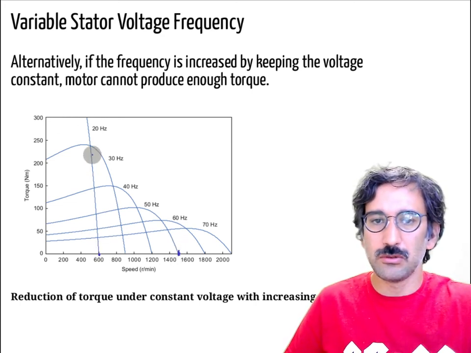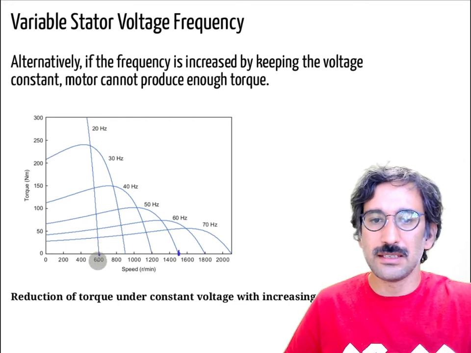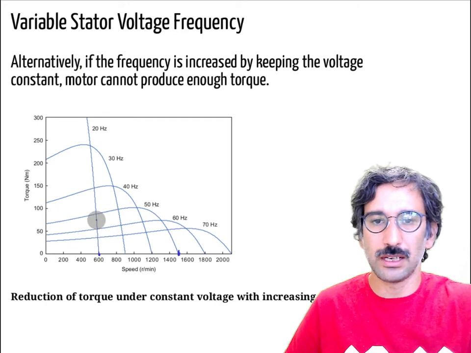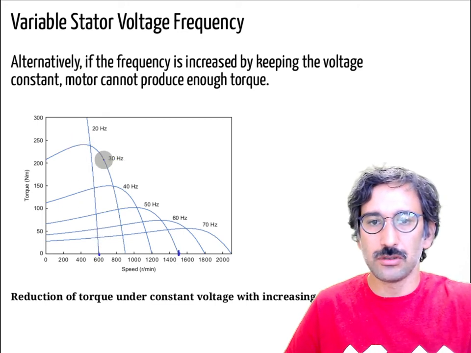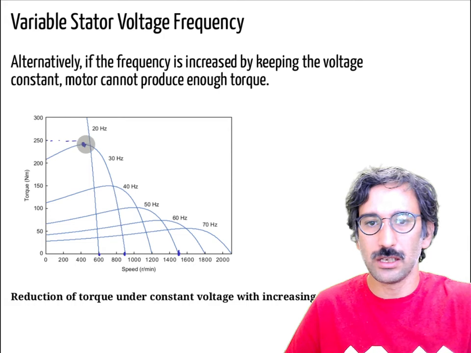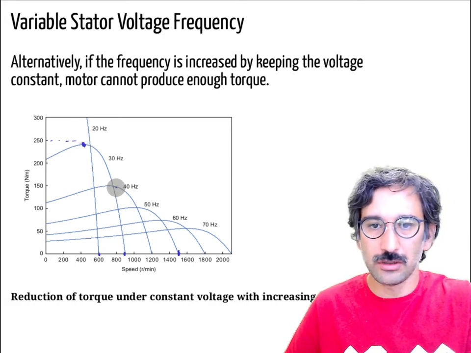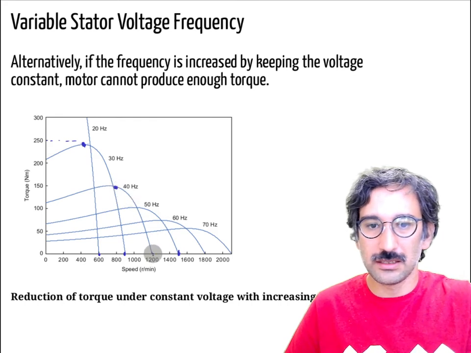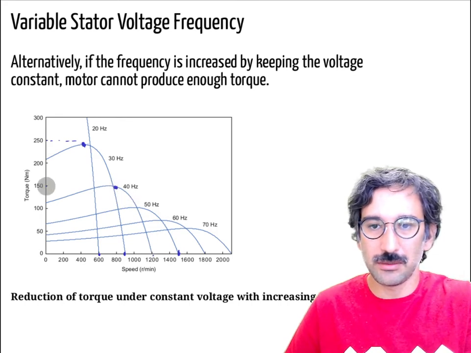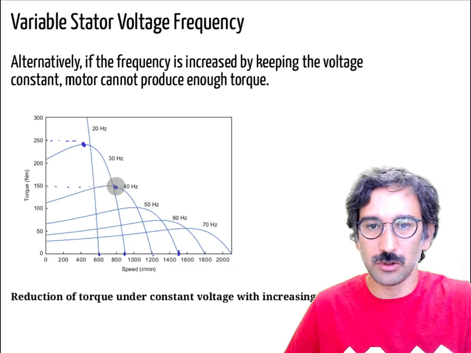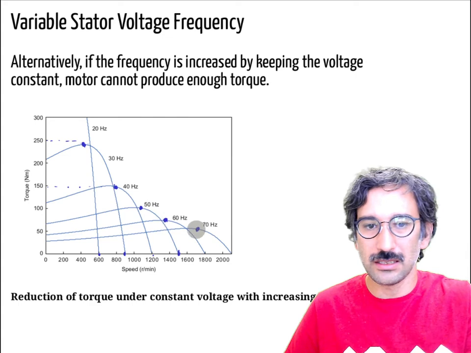At 20 hertz you have 600 RPM synchronous speed, so you have a torque curve like that. At 30 hertz the synchronous speed is 900 RPM, and the maximum torque is around 250 RPM. At 40 hertz the synchronous speed is 1200 RPM, but the maximum torque is reduced at that point. Then 50 hertz, 60 hertz, 70 hertz.